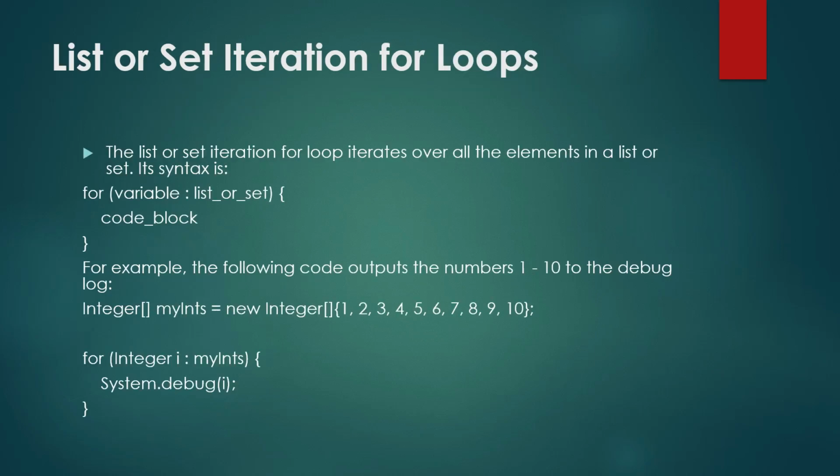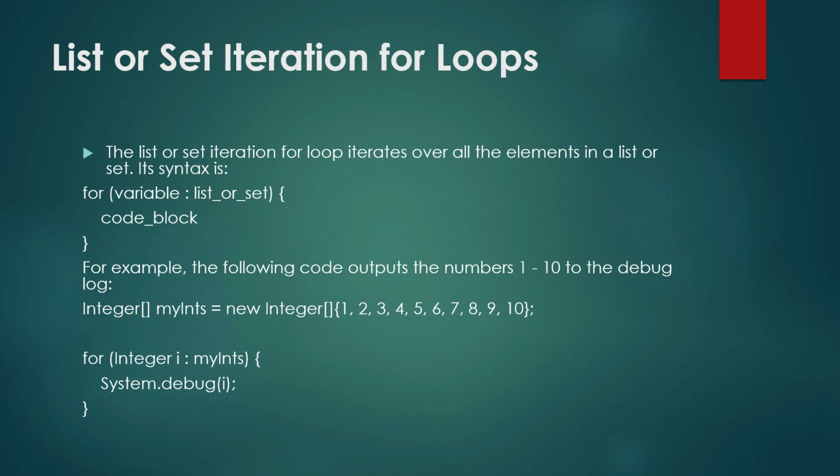List and set iteration for loop. The list or set iteration for loop iterates over all elements in a list or set. Its syntax is this: for variable, list or set, then in curly braces the code block. For example, the following code outputs the numbers 1 to 10 to the debug log.